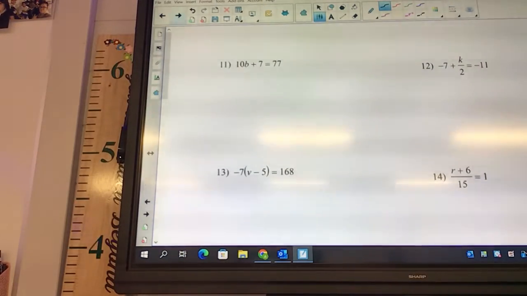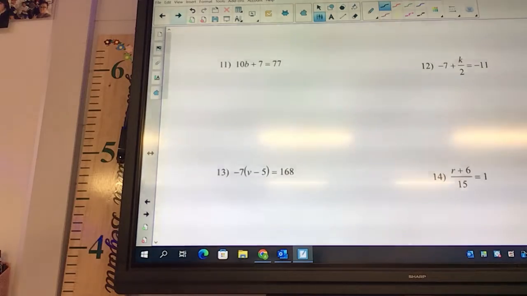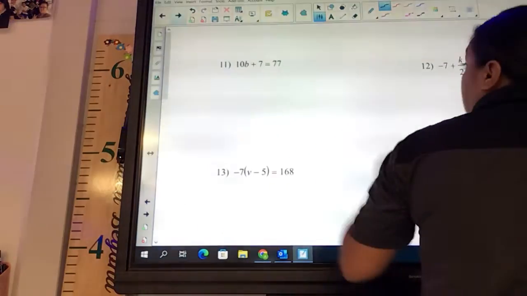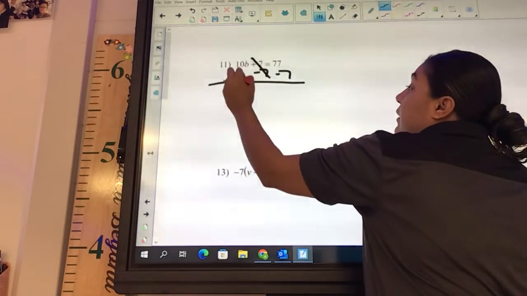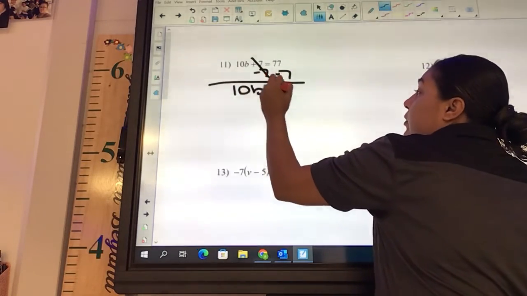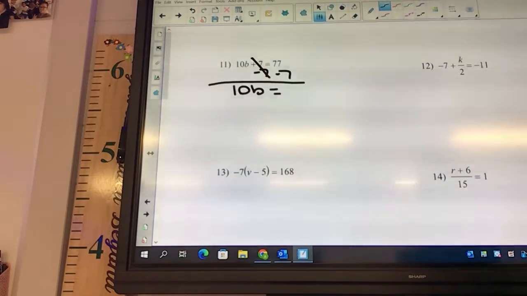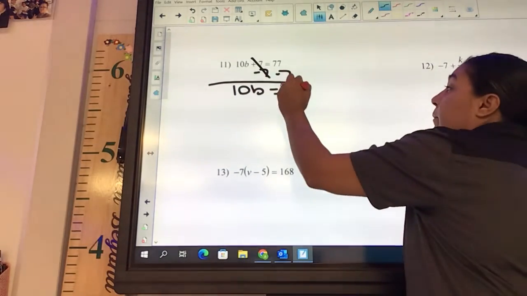Okay, 11. What is our piece that has no letter? 7. The 7, so that gets moved first. Okay, so we're going to say minus 7, minus 7. So I got 10b equals what? 70.